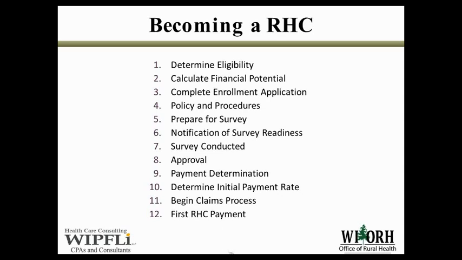I typically will say 6 months is a reasonable expectation to go through the certification process. Yes, it probably can be done quicker than that, but I've certainly seen instances where it's taken considerably longer than 6 months to complete the certification process for a particular clinic.